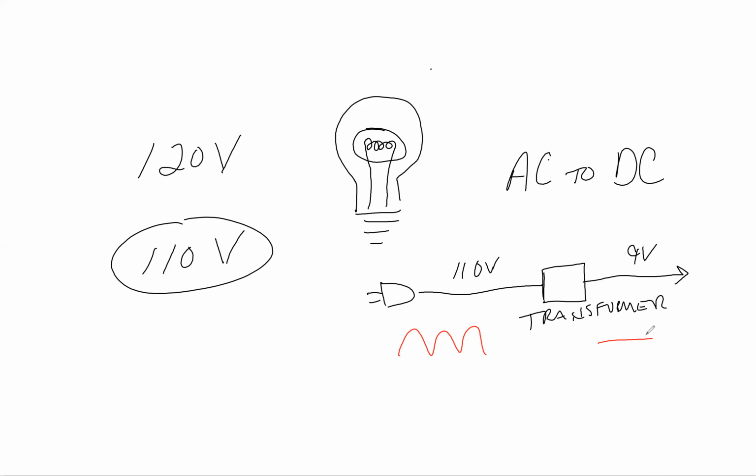Well, what we use is what we call a diode. All a diode is basically a valve that only lets electricity flow in one direction instead of back and forth like AC.